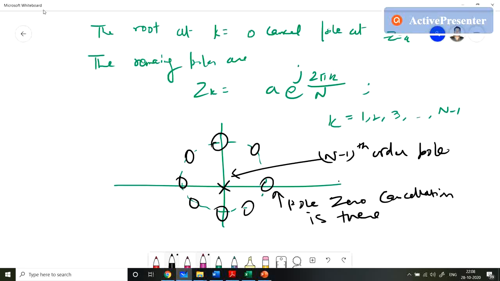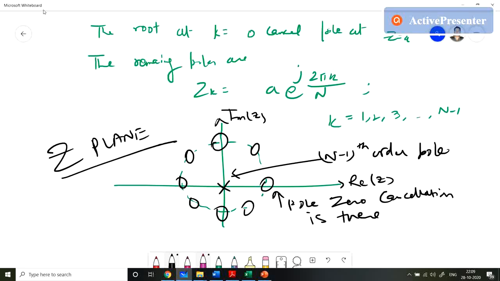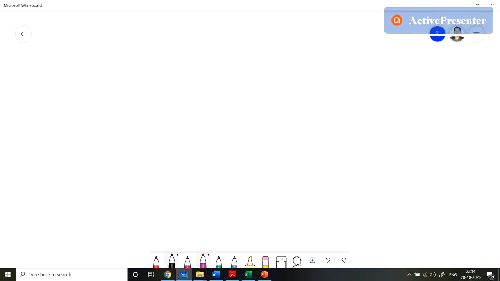This is the real part of Z, and this is the imaginary part of Z. So this is the typical pole-zero plot, and this is the Z plane, because Z is the real part of Z plus j into the imaginary part of Z, because Z is a complex number.